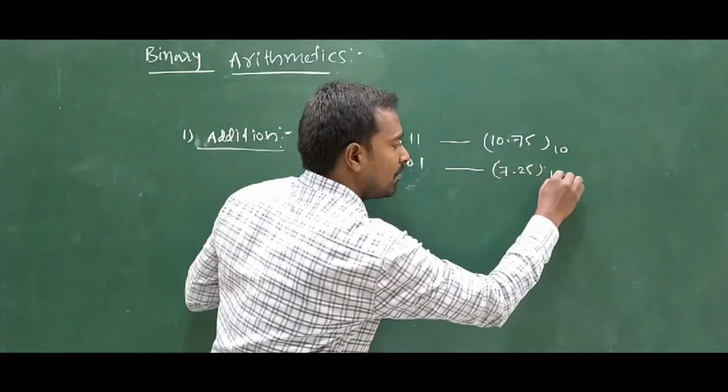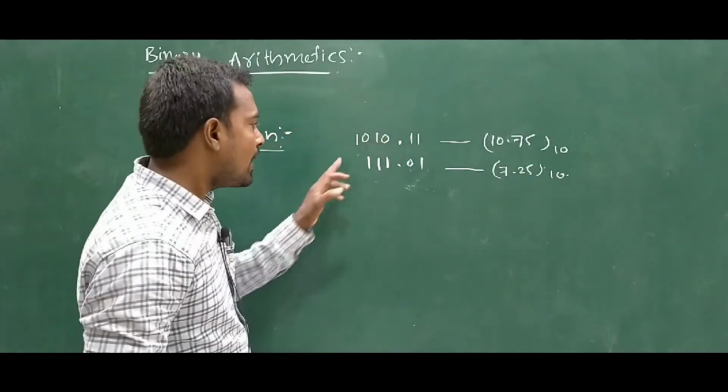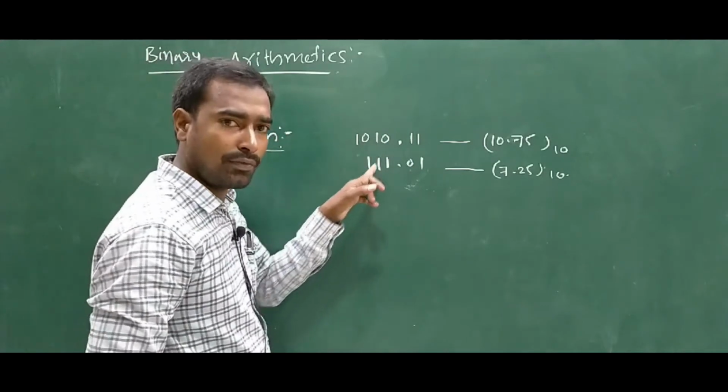The decimal number has a base of 10 and the binary digits have a base of 2.